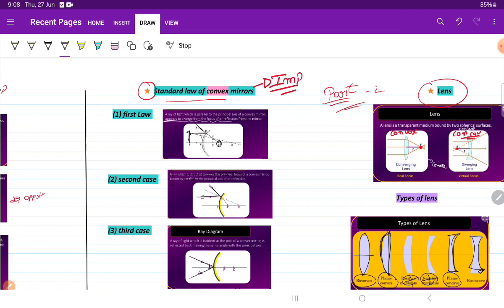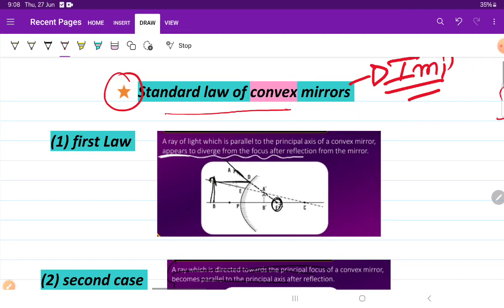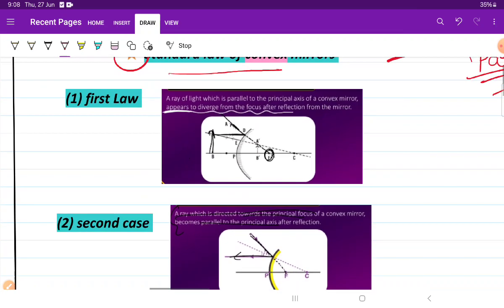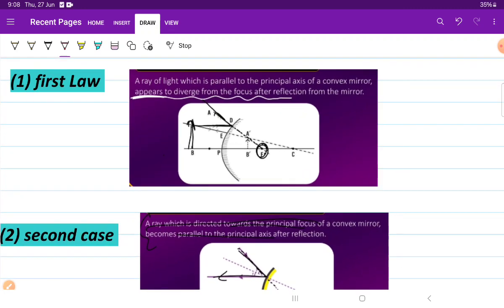We are going to start with the standard laws of convex mirror. First law: when a ray which is parallel to the principal axis falls on the mirror, it will be reflected back in the same medium, on the other side.